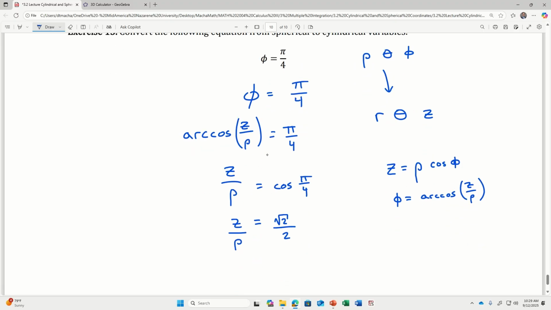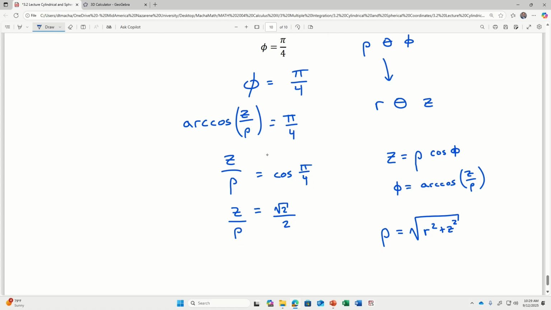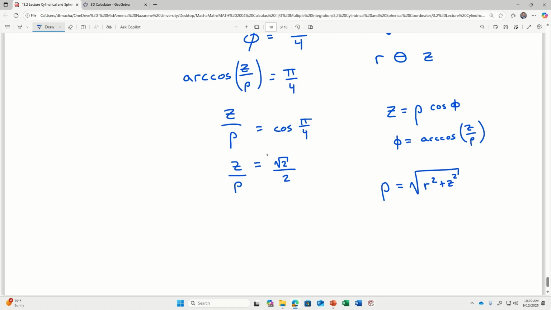So I can't have a rho. Now I've got to get rid of the rho. Well, rho would be the square root of r squared plus z squared. And so I could write 2z is equal to square root 2 rho, or I could just write square root 2 times z is equal to rho.